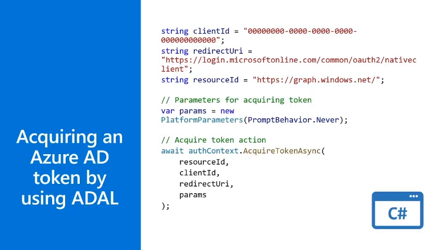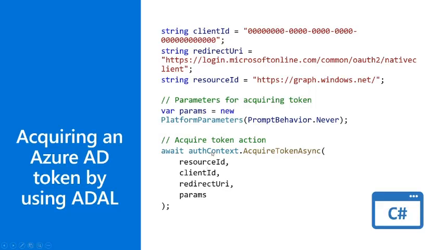So very simple. You have the client ID, you have the redirect URL, and your resource ID. And then you set platform parameters, prompt behavior never. So these are the parameters for acquiring the tokens, where you set the behavior for the platform parameters, and then you acquire the token using these parameters.